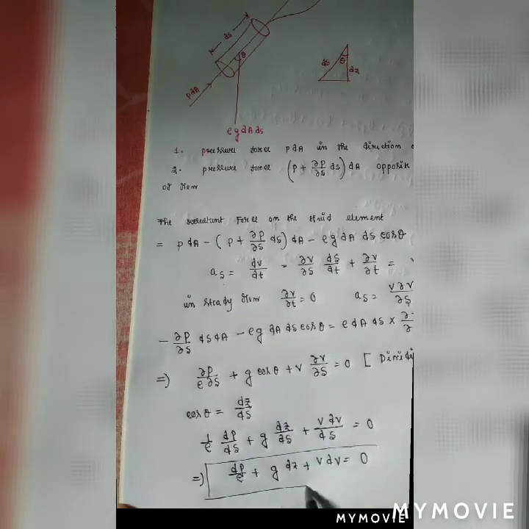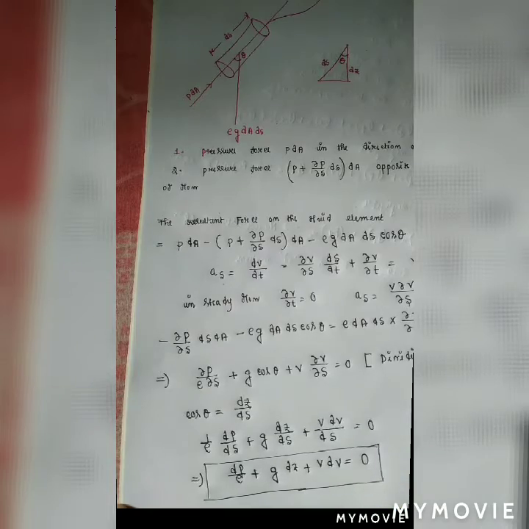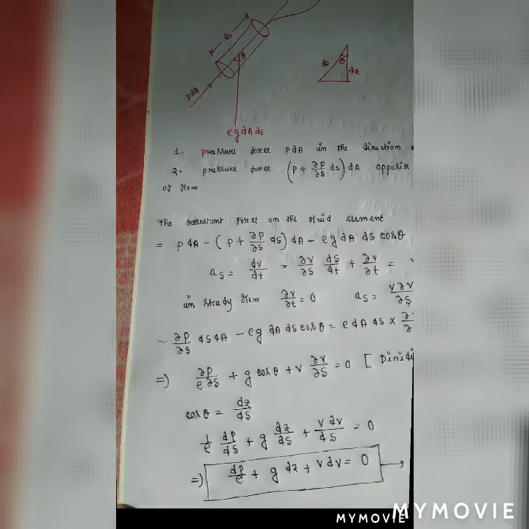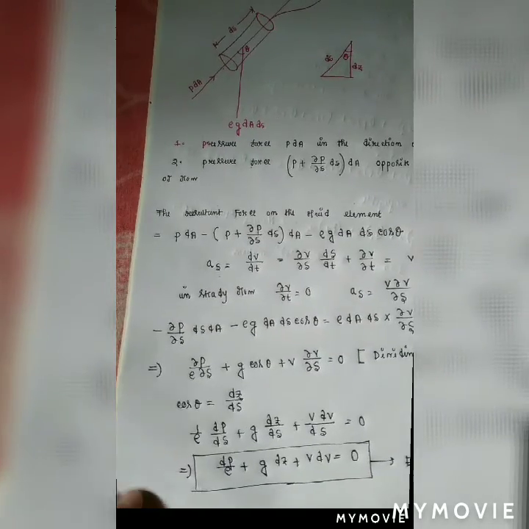After that we will get Euler's equation of motion, that is dp by rho plus g dz plus v dv equal to 0. This is Euler's equation of motion. This is the final equation.